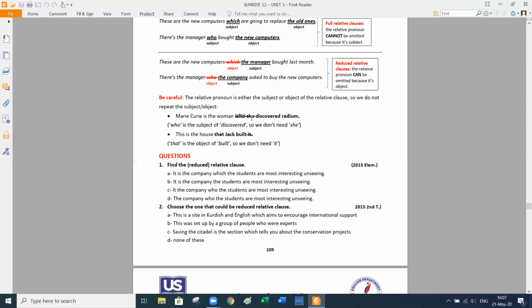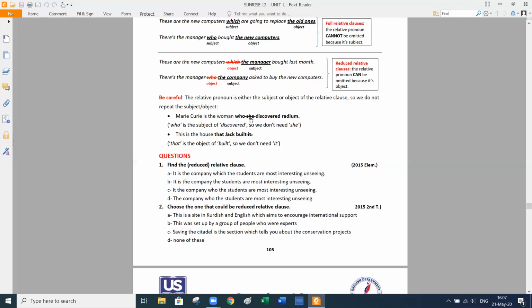So when we join the two sentences, we don't use both of them, who and she together. When we use who to join the two sentences, we don't need she. We don't repeat the subject because who is the subject, she is the subject as well. So we don't write she in the sentence. That's important.